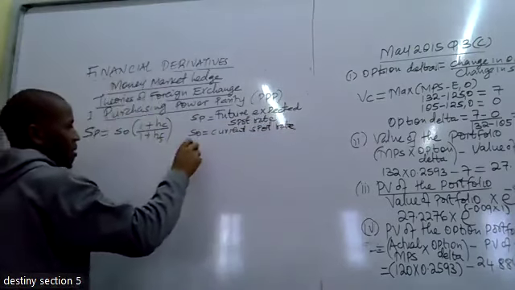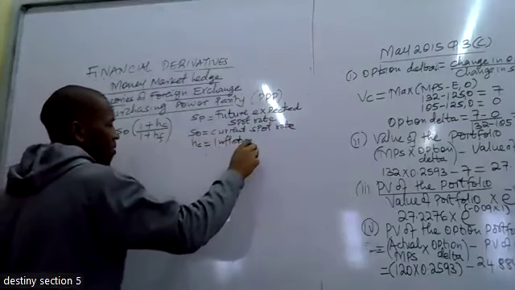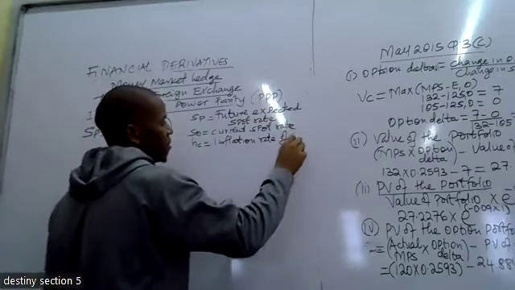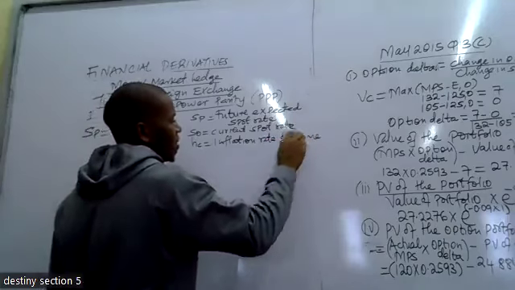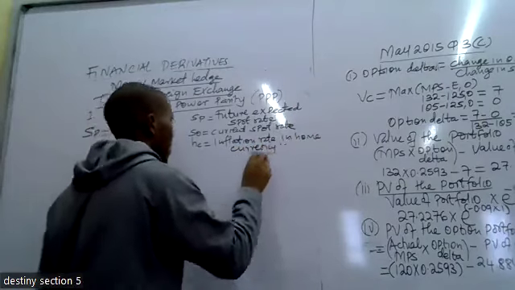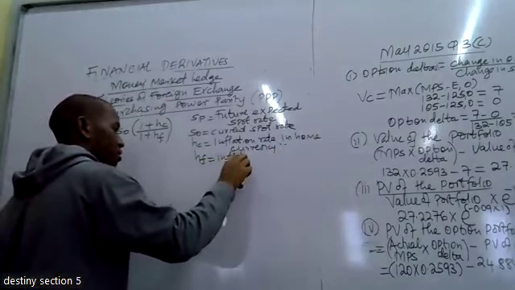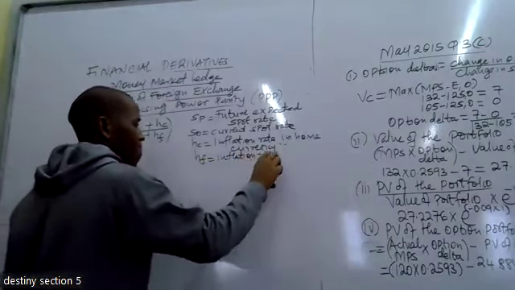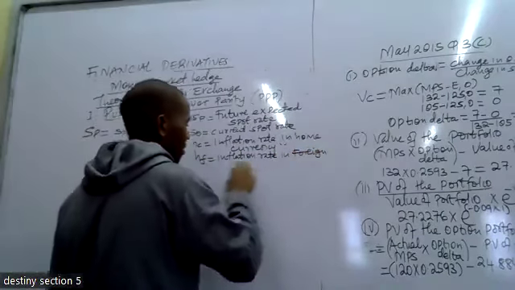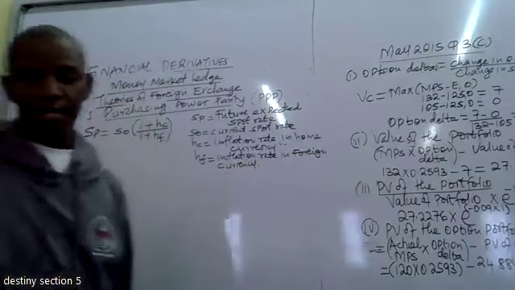When we talk about HC, it is the inflation rate in the home currency, and HF is the inflation rate in the foreign currency.